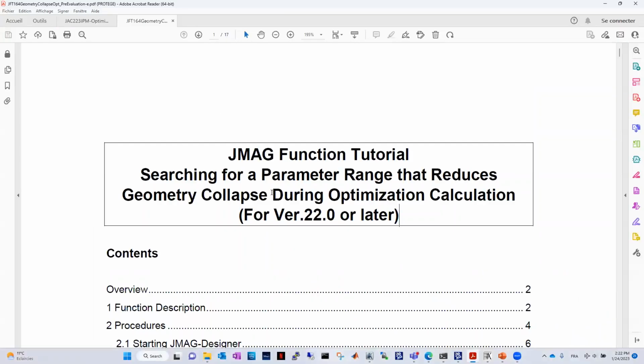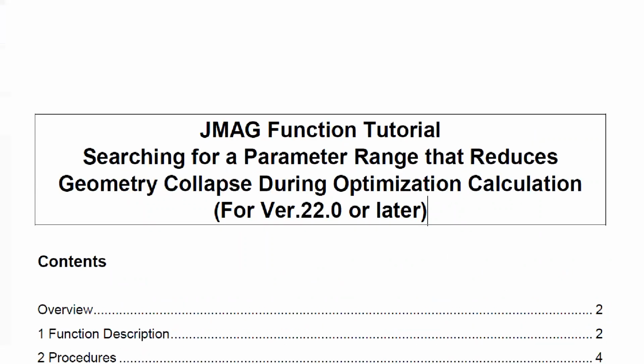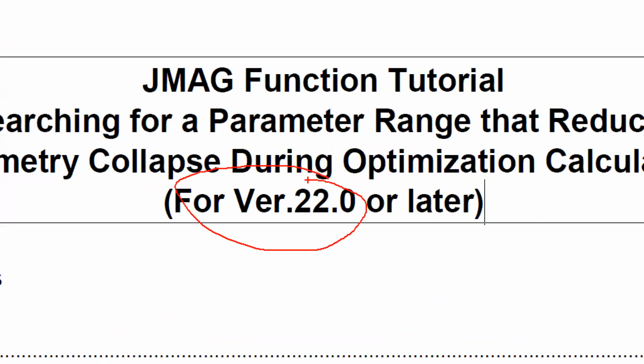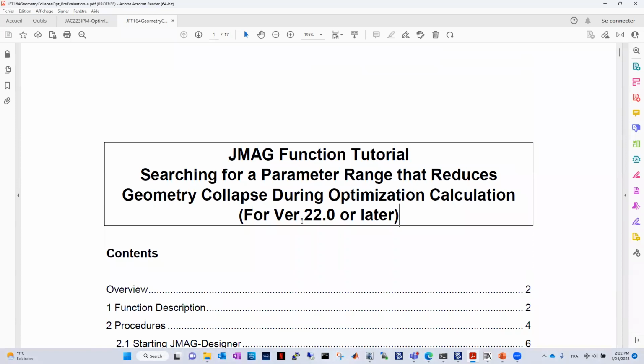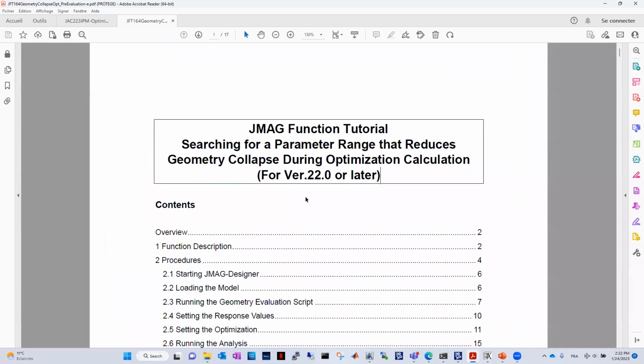And yes, please use it with the new version of JMAG, version 22, which is also available on the website. And you will be able to test this new feature, I mean, the embedded Rangefinder and the predictive model embedded in the graphical user interface. Now, no need to use those scripts.